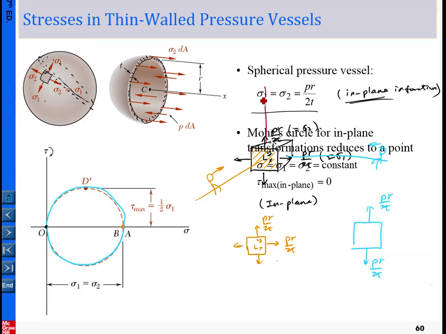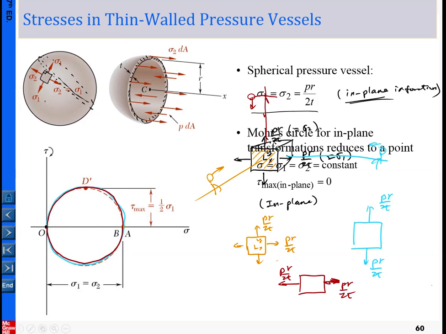Again, if you are sitting here looking downward, in front of you, you can see PR over 2t and PR over 2t. So the third one is identical to the previous blue one here.